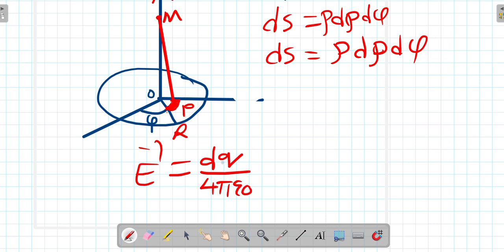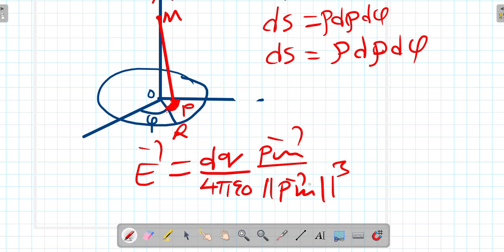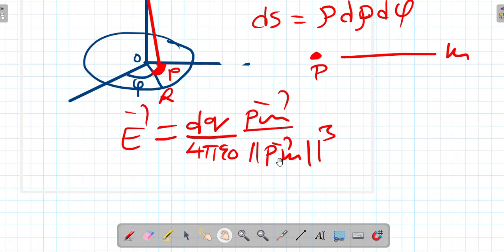If you remember this formula, it is the direct formula of the electrostatic field of a charge. At the beginning, when we had a charge at P and the point M, this is how we constructed the formula.